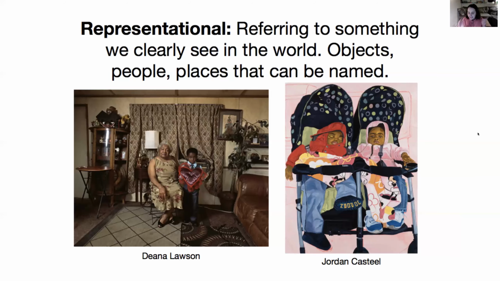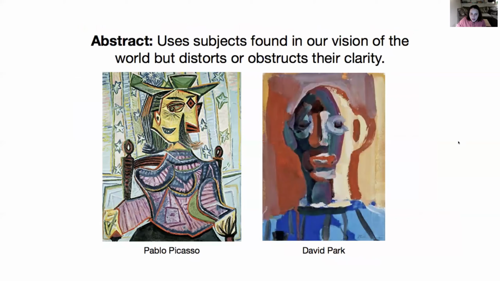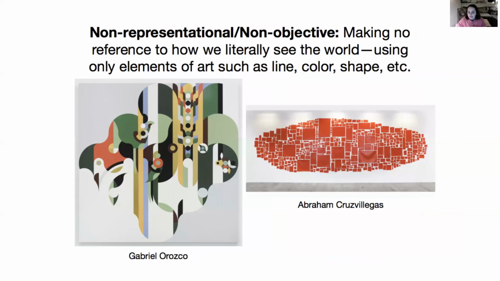The next two, there is some confusion between them. We typically think of two forms of art, so representational and then abstract. But I can go one step further and say that there is this form, non-objective. So this is kind of the exact opposite of representational. This is non-representational, non-objective. So this is making no reference to how we experience the world.